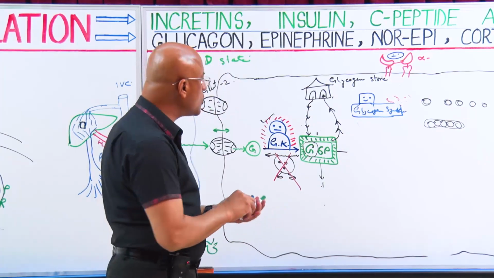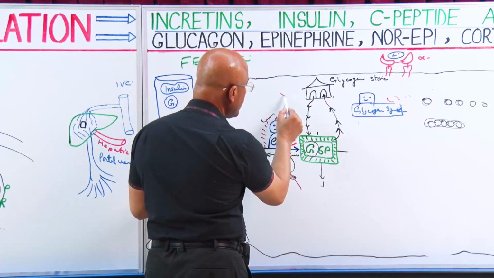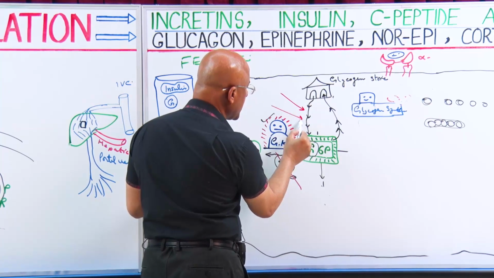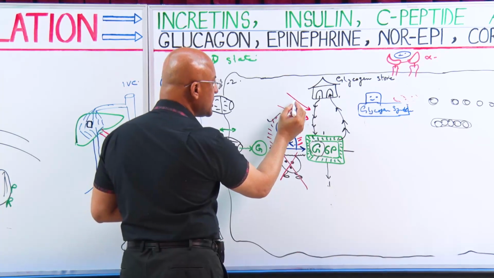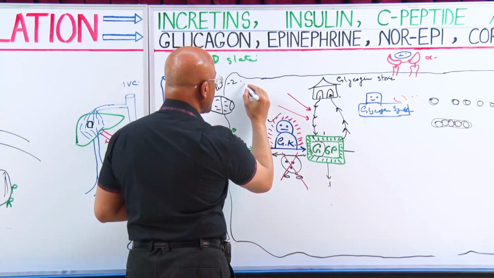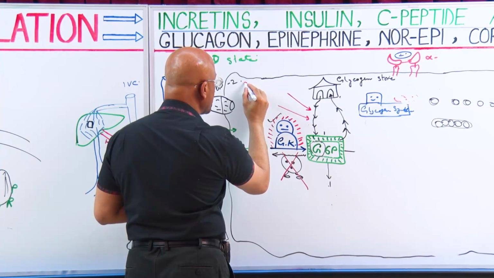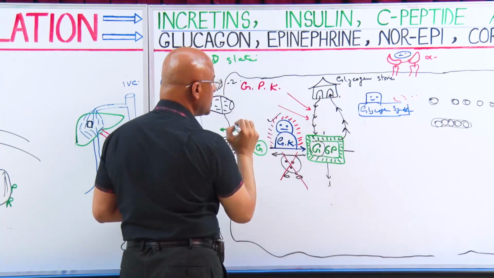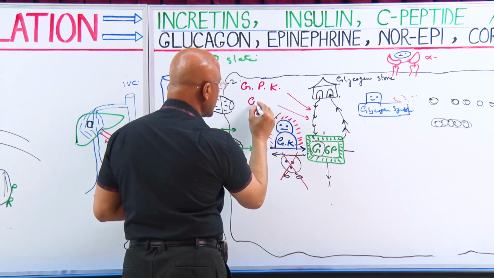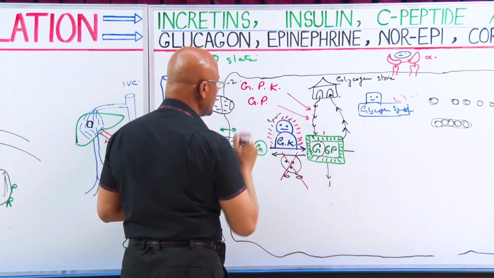Now, the two key enzymes involved in glycogen breakdown into glucose 6-phosphate are glycogen phosphorylase kinase and glycogen phosphorylase.